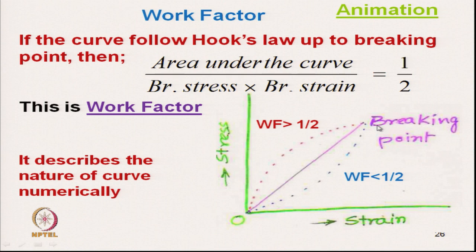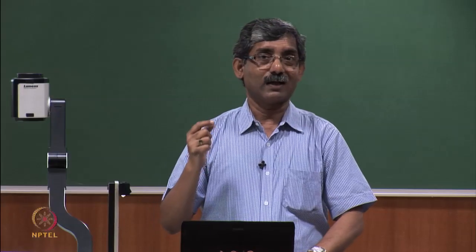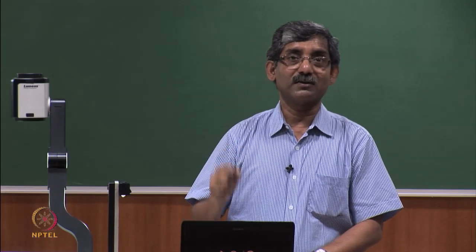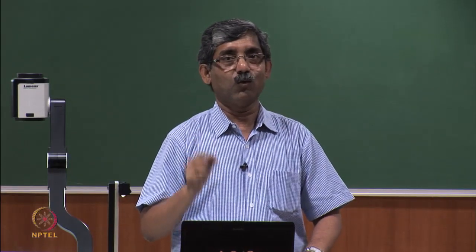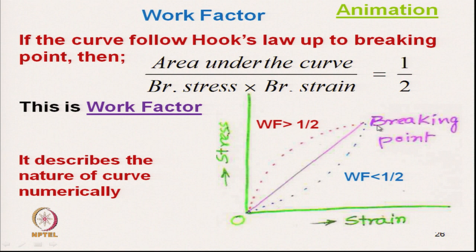So, work factor of 0.4: if it is asked to draw the stress strain curve of a material with work factor of 0.4, in that case you have to draw a curve like this. Straight line is work factor of 0.5, and this is work factor of 0.6.